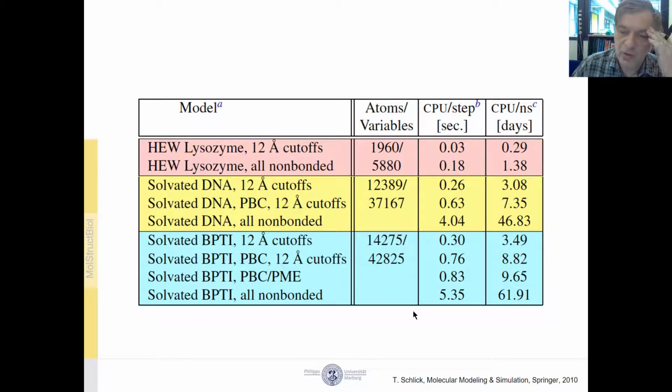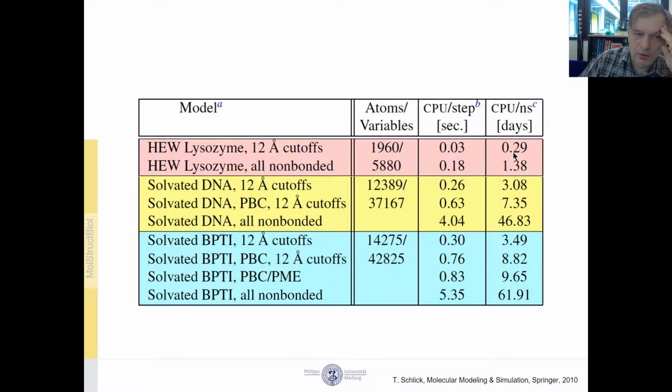So these are some old numbers. You see, it's from Samara Schlick's book from 2010, about the number of atoms that we had in the systems and how long we could simulate these systems at that time, so how long it would take to calculate a nanosecond. These are old numbers, 10 years old.